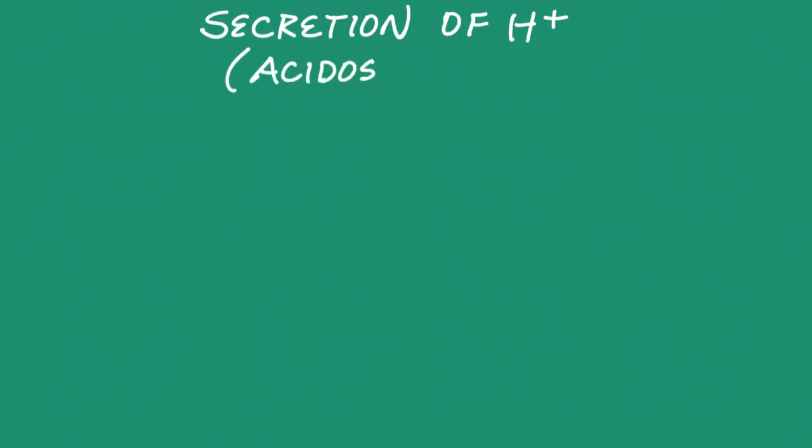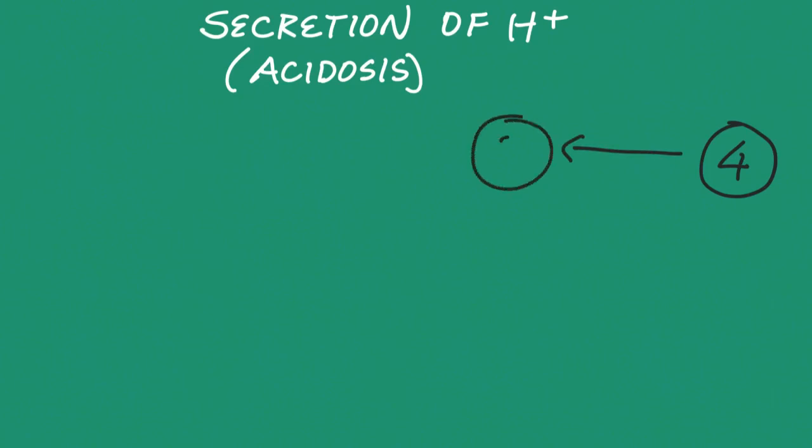Let's consider the secretion of hydrogen ions. If there are too many hydrogen ions in the blood, the blood becomes too acidic, and a condition known as acidosis results. The hydrogen ions ultimately come from too much carbon dioxide in the blood. So when carbon dioxide mixes with water, it becomes an acid, and that acid releases a large amount of hydrogen ions.